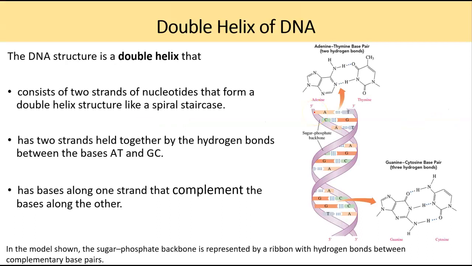So when one end of a single strand is 5', the other end of the opposite strand will be 3'. The 5' to 3' direction of one strand will go like this, and the other strand will have the opposite direction, where the 5' to 3' will go like this.